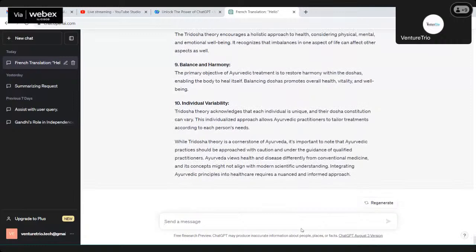So you can ask the prompt or questions from any field. Only one thing you need to remember: you have to give a specific prompt in a proper way. Last one. Analyze the Ayurvedic approach to mental health and stress management.